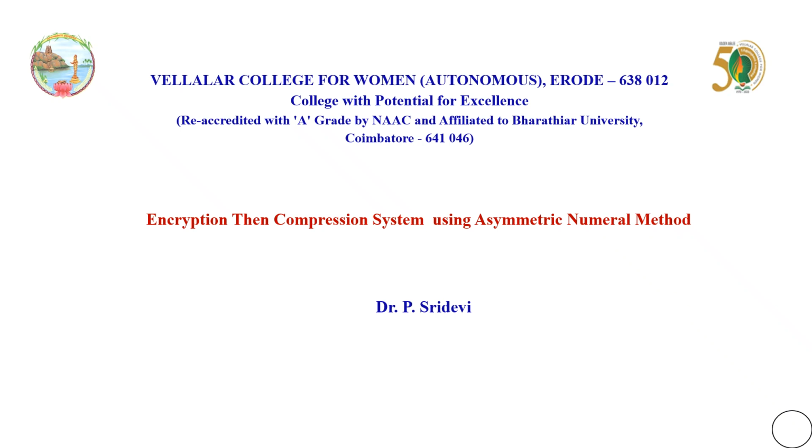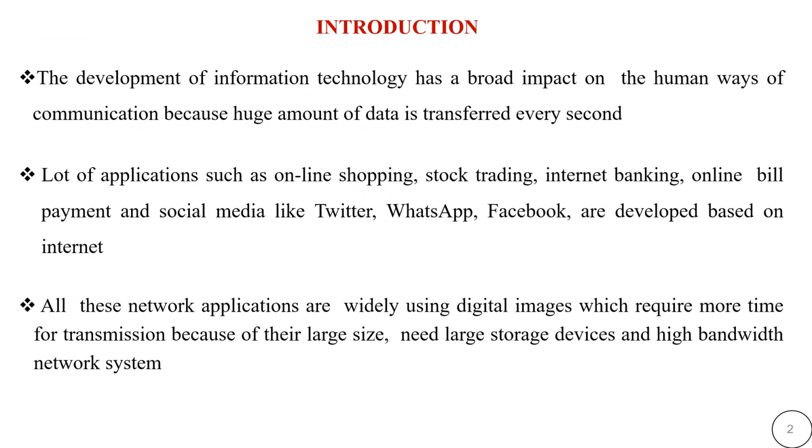Today we are going to discuss image encryption and compression. Information and communication technology are the backbone of today's digital world, and it has a broad impact on the human ways of communication. Huge amounts of data are transferred every second.